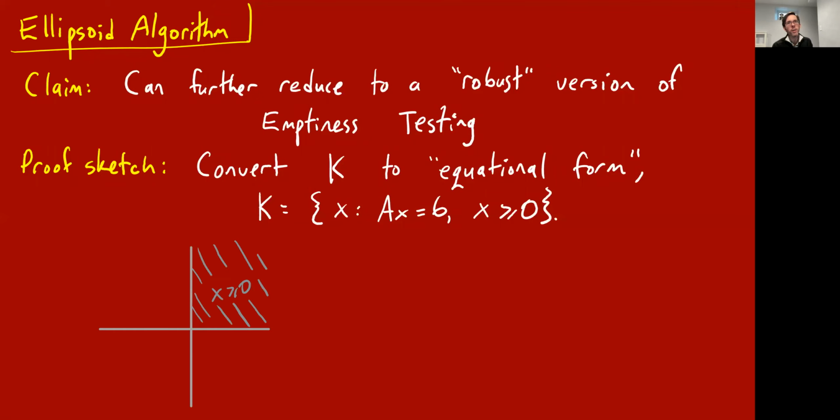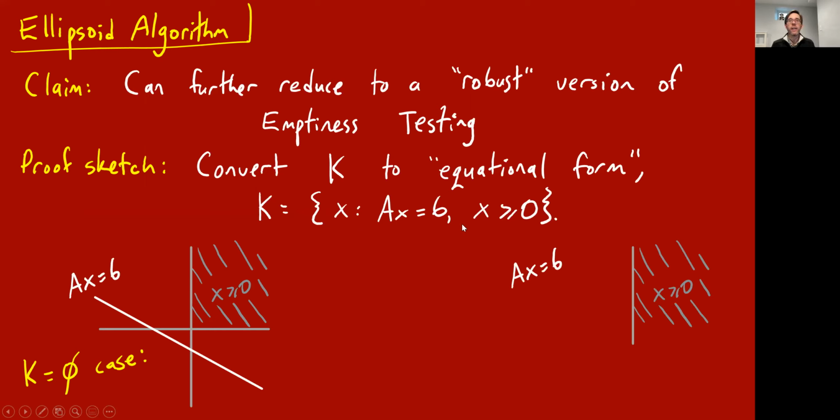So there are 2 pictures here. So first, in Rn, you look at the positive orthant, all the points x that have all of their coordinates non-negative. And this Ax equals b is going to define some subspace, like a hyperplane. And the case that k is empty is the case that this hyperplane misses the positive orthant.